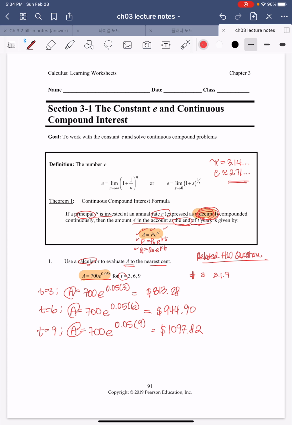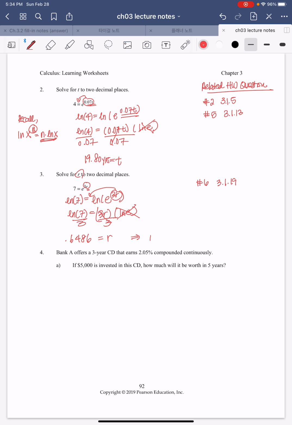So rate is a percentage. So this will be equivalent to 64.86%, rounding to 2 decimal places. Don't forget, the rate unit is a percent, so you want to move 2 decimal places to the right to make a percentage. And because they want you to round to 2 decimal places, that's why initially I took 4 decimal places. Okay, so these are pretty simple formulas.